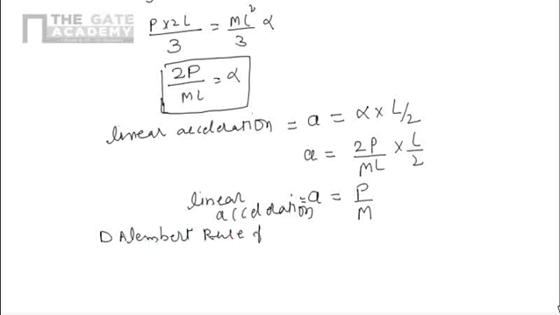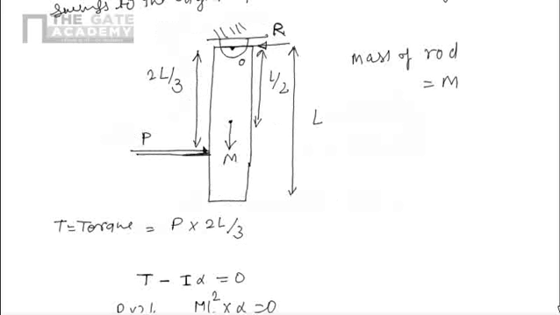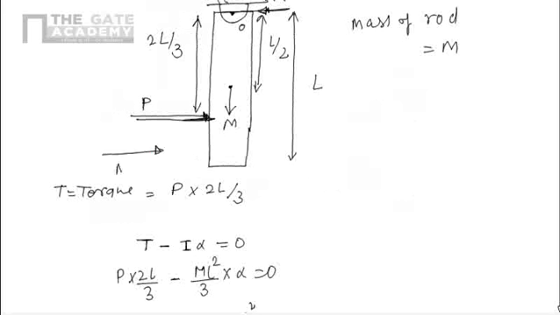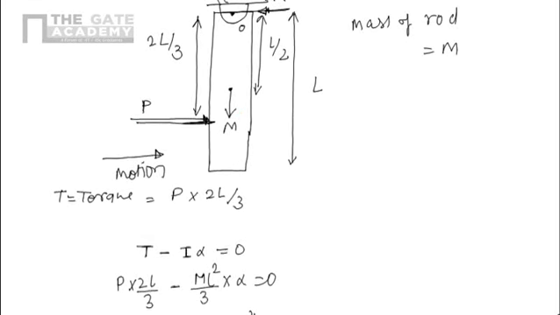P is acting in positive x and R is acting in negative x, so the net force responsible for linear motion is P minus R. According to D'Alembert, we apply the inertia force in a direction opposite to the direction of motion, that is minus x.